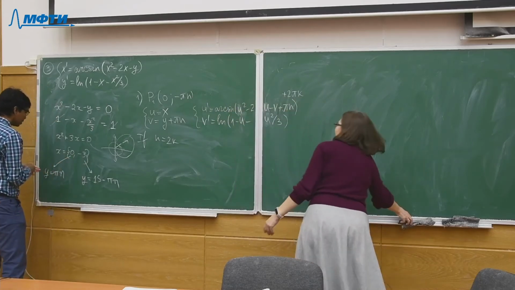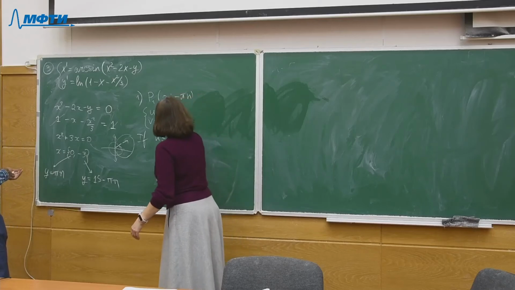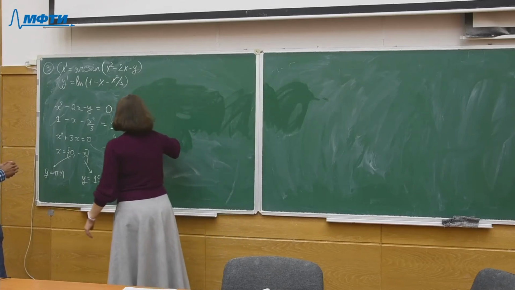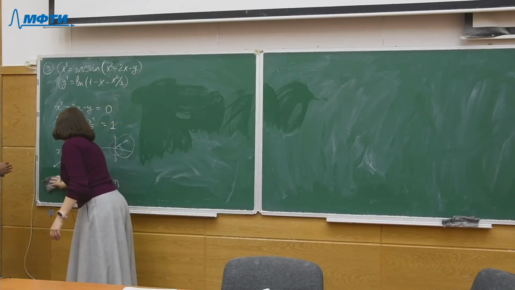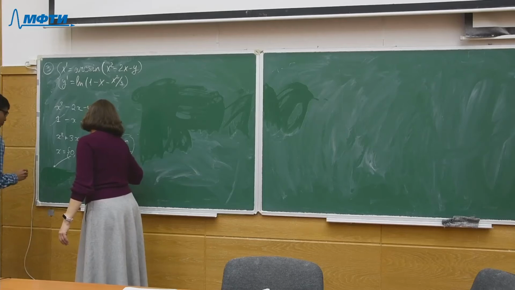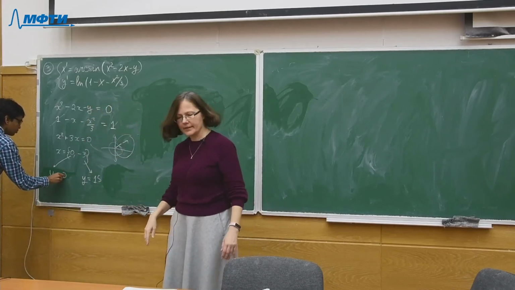I'll remove this. This is arc sine, and so x is 0 and y is 15 here. Yes. So there are 2 points: 0, 0 and -3, 15.